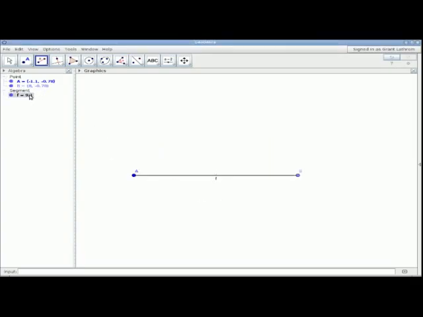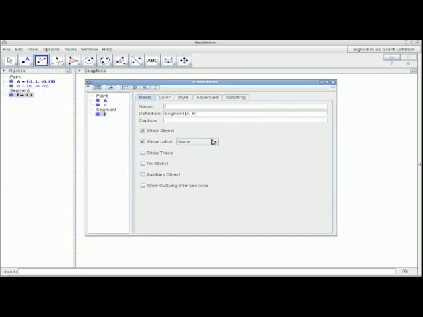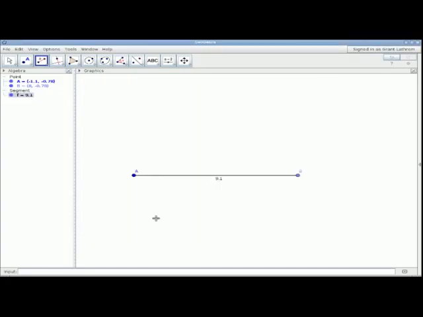Okay, I've got that line segment of 9.1. Let's display its value. Geogebra is thinking. There we go. So I want the value showing up.